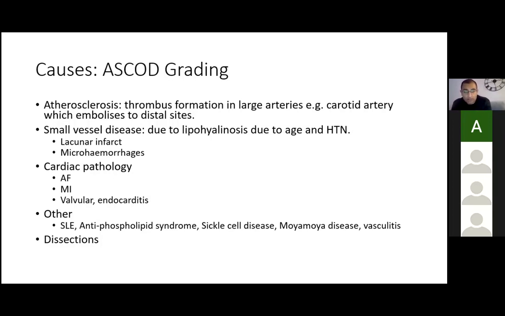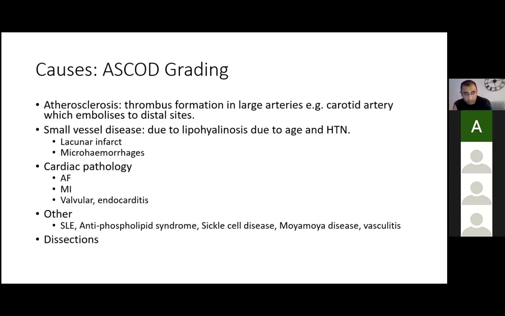Small vessel disease, and this is from high age and hypertension causing lipohyalinosis. I'll cover that later on, what that means. And this can cause lacunar infarcts. Cardiac pathology, so patients could have AF and MI, valvular endocarditis, which can form a clot in the heart.